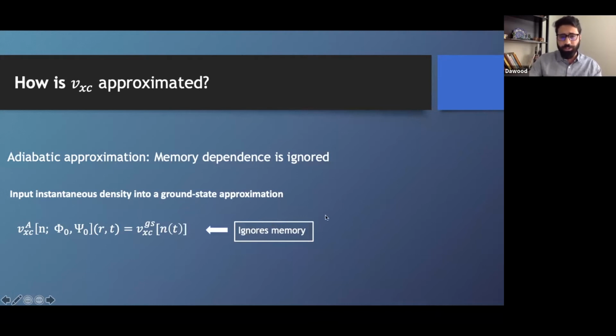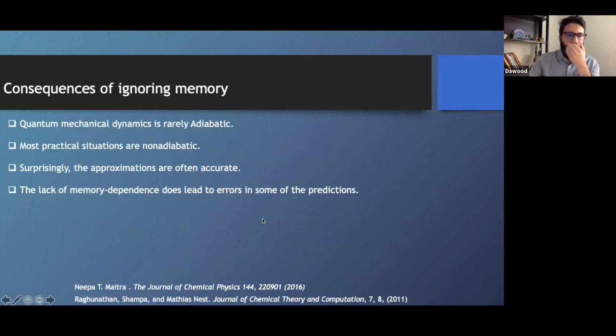So you completely ignore the memory, and most of the calculations that use TDDFT end up ignoring this memory. And so what are the consequences of ignoring the memory or using adiabatic approximations? Well, quantum mechanical dynamics is rarely adiabatic. In fact, most of the practical situations that we encounter are non-adiabatic.